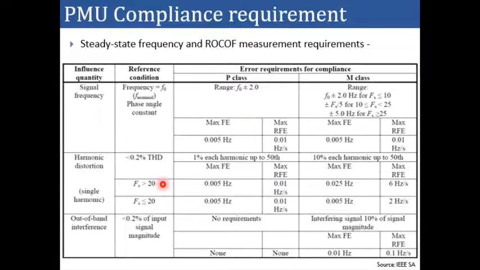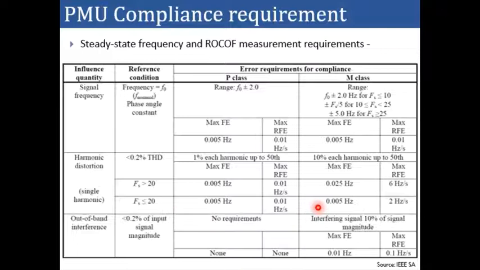For both cases, the maximum rate of change of frequency error is 0.01 Hz per second. In case of M class, these values are 0.025 Hz if the frame rate is more than 20, and 6 Hz per second as the maximum rate of change of frequency error.